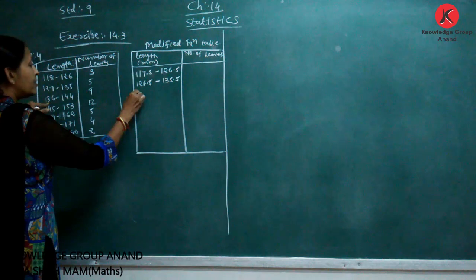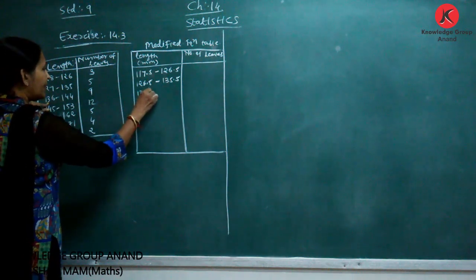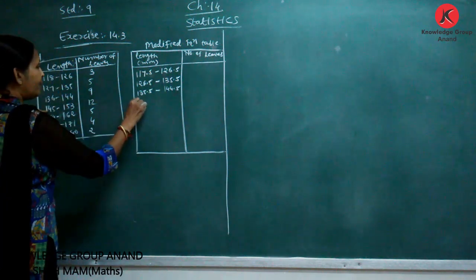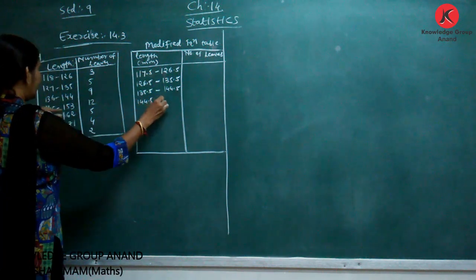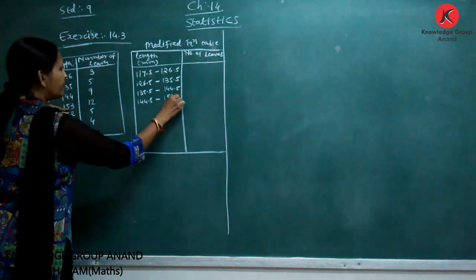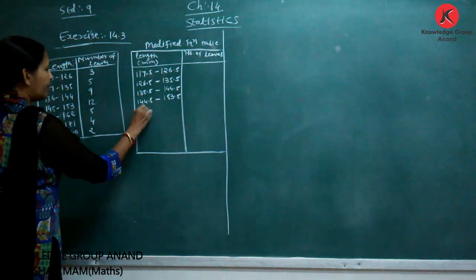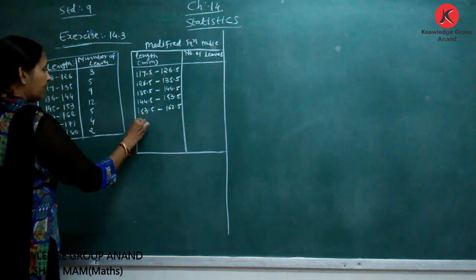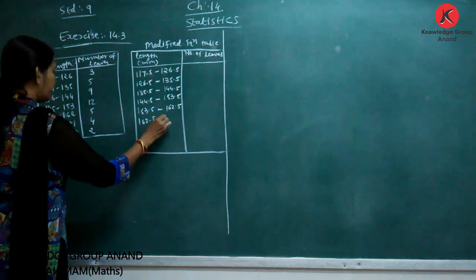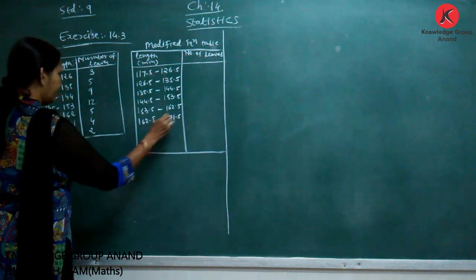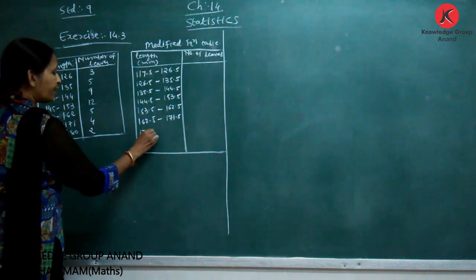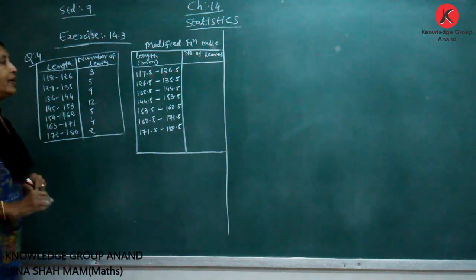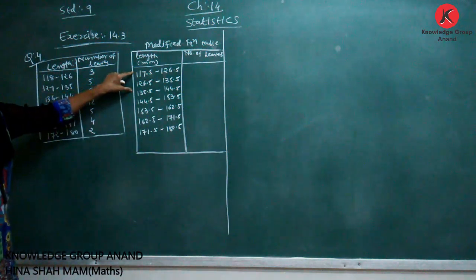Then 135.5 to 144.5, 144.5 to 153.5, 153.5 to 162.5, 162.5 to 171.5, and 171.5 to 180.5. Here it becomes a continuous class.